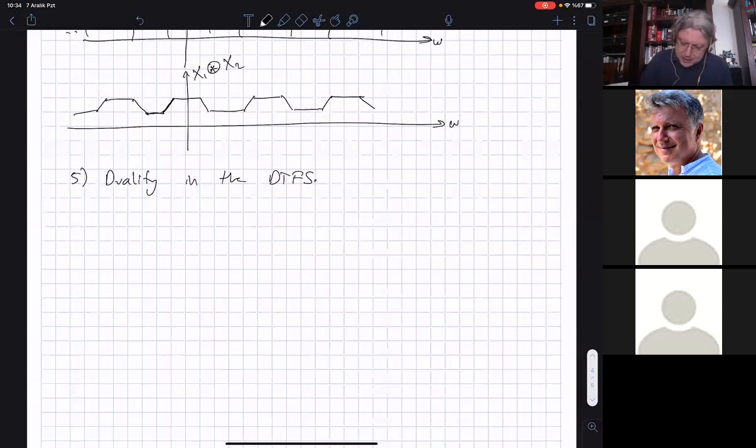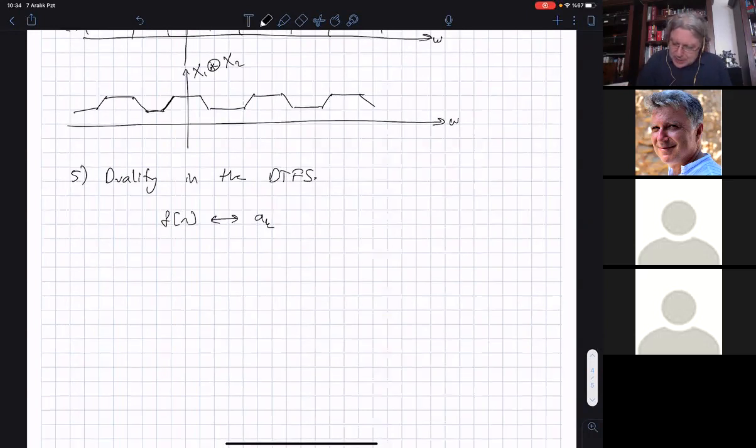If you have a periodic signal, f of n, then you will have its discrete time Fourier series as a_k, right? I'm going to denote these a_k as g of k's, because it is a discrete function of k.